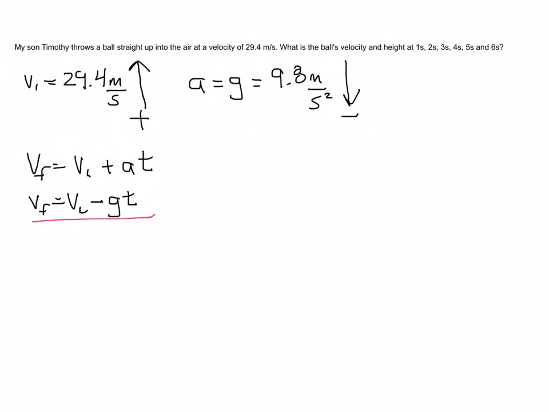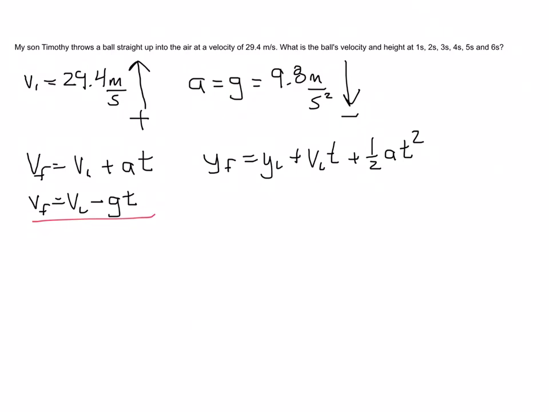The other equation is kind of a long one, but it is y, because it's in the up and down direction. So y final is equal to y initial plus the initial velocity times t plus 1/2 at squared. Remember that g is our acceleration, and we're going down, so it's negative, so I'm going to rewrite that one.